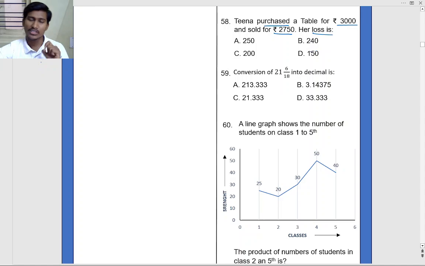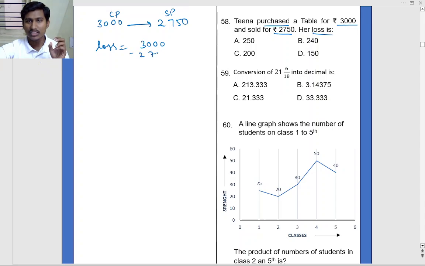Her loss is, so she is buying for 3000 rupees and selling for 2750. It is a loss. So loss means we know this is the cost price, this is the selling price. So cost price minus selling price, that is 3000 minus 2750. So if you minus, answer will be how much? That is 250 will be the answer directly, right?